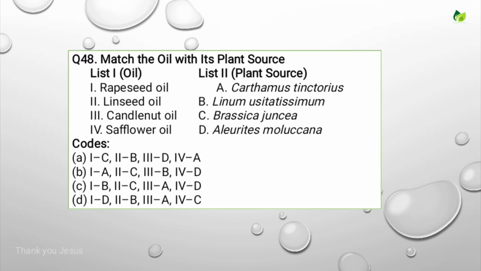You have to match list 1 with list 2. List 1 consists of oils, list 2 consists of plants: rapeseed oil, linseed oil, cardal nut oil, safflower oil. You have to match them with the correct answer. Rapeseed oil is obtained from Brassica campestris.